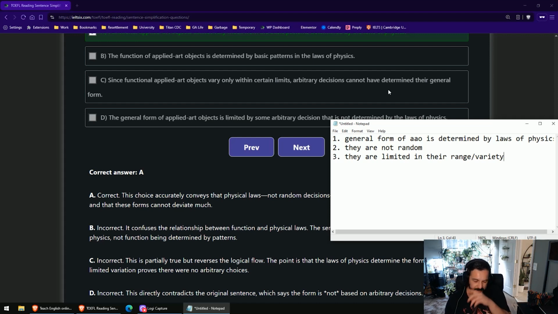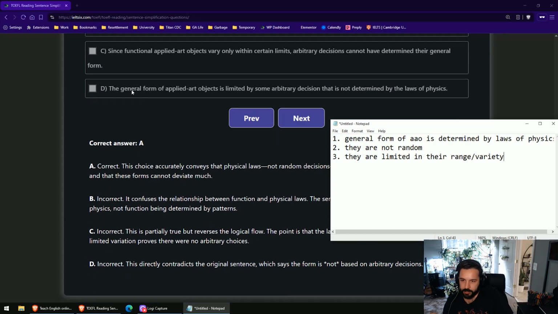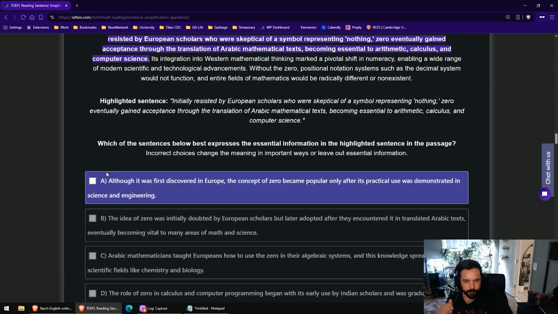So we are saying because we know this thing, because we have some fact that functional applied art objects can only vary in a limited range, then probably, or we can say then with a high degree of certainty, we can say, oh, it's not even high. It's definitely making a factual statement. It's impossible for random decisions to determine their general form. That's not what we said. We can skip this one.